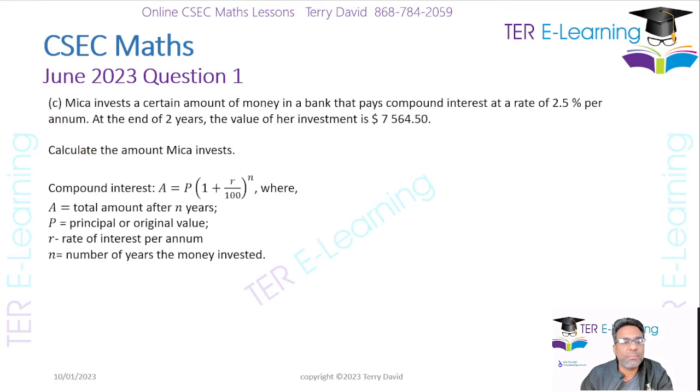The next one here now, part C, Micah invests a certain amount of money in the bank and the bank pays compound interest at 2.5% per annum. At the end of the 2 years, the value of her investment is $7,564.50. Calculate her investment. Now they gave us a formula, which is good. Some students can't remember this formula.